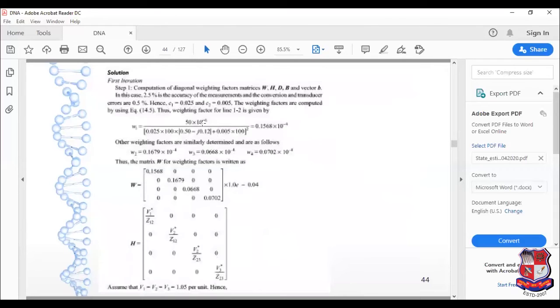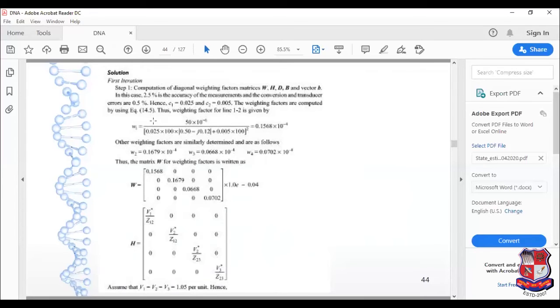This empirical formula we have already discussed in my previous lecture. It is 50 into 10 raised to minus 6 into C1 into the value minus C2 into the full scale deflection. If we substitute C1 equals 0.025 and C2 equals 0.005, then this will be the equation for W1.